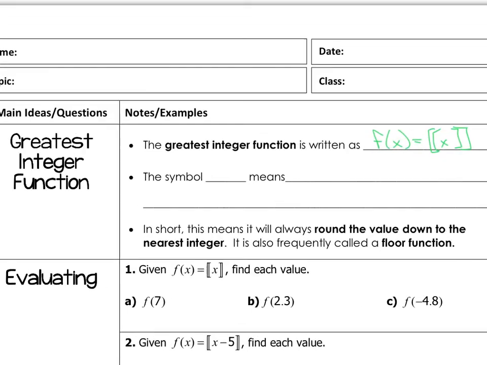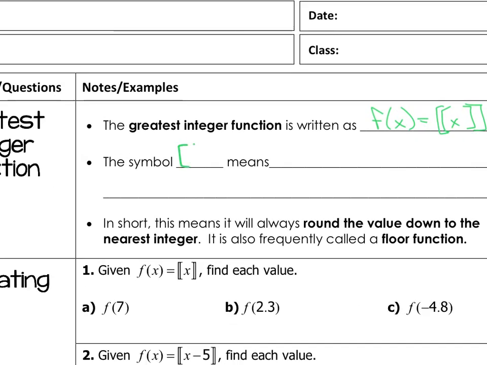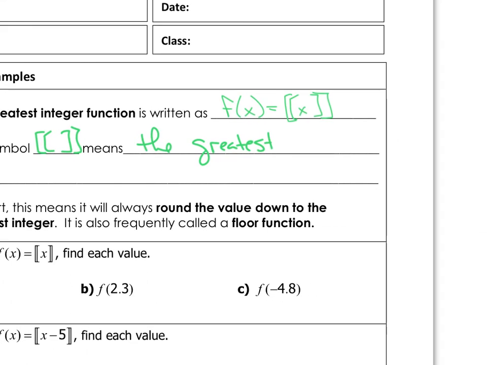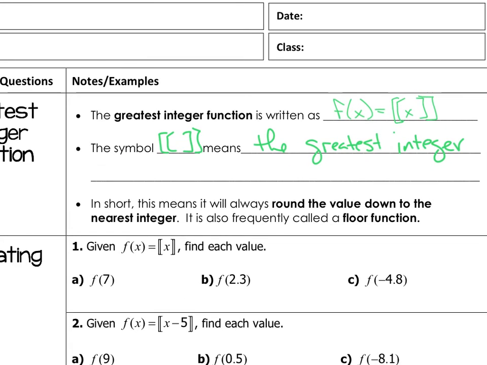And that symbol that we have, yeah, like that, it means the greatest integer less than or equal to x.